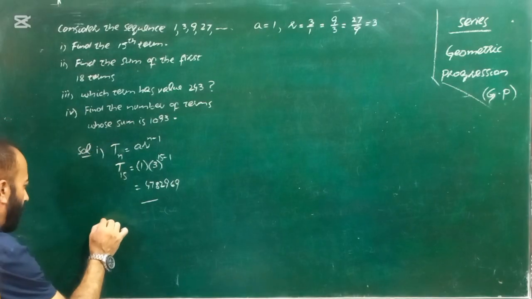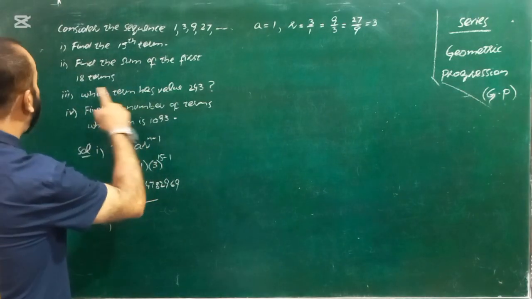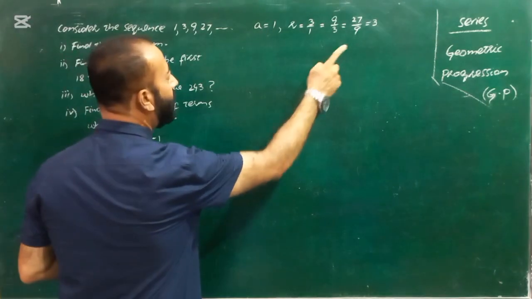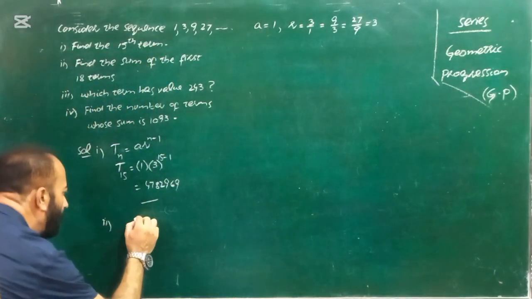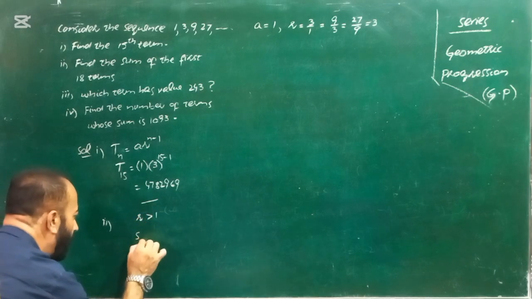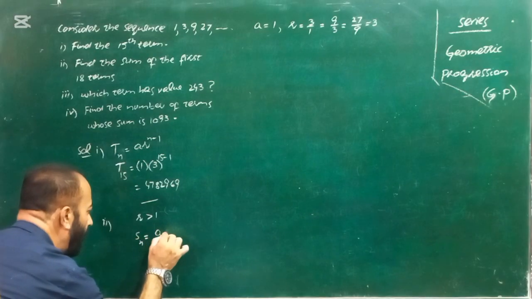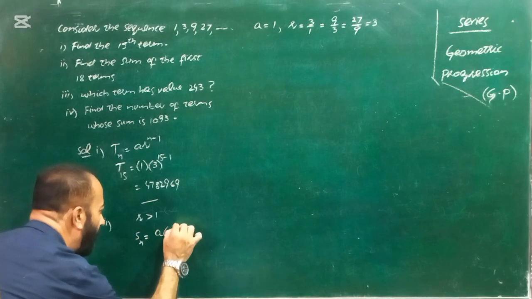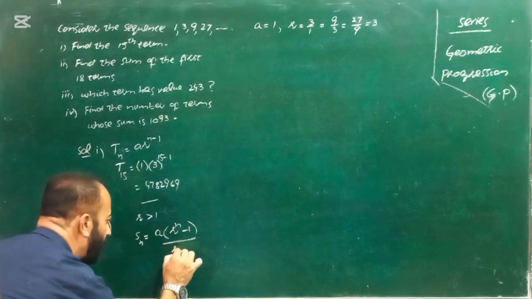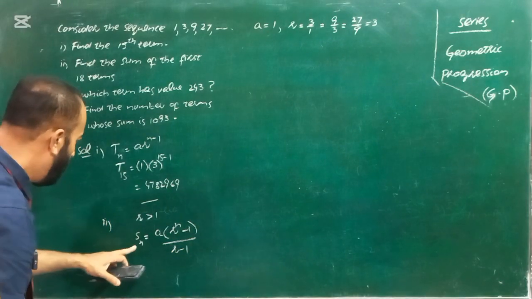Now the second part. Find the sum of the first 18 terms. Because R is greater than 1, the formula used will be Sn is equal to A into (R^n - 1) over R - 1. So we will put values into this formula.